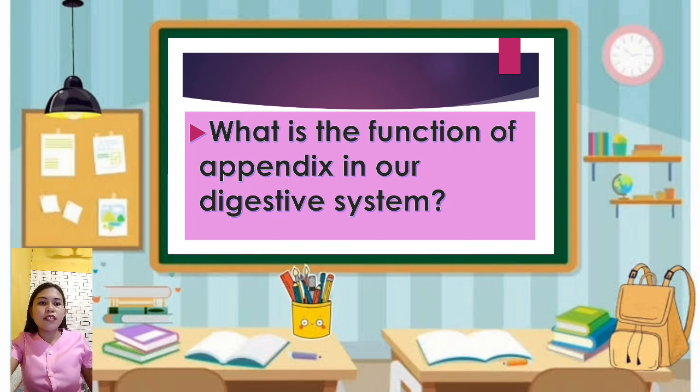But modern researchers say that it has a great function, particularly in our digestive system. It acts as a storehouse for good bacteria, rebooting the digestive system after diarrheal illnesses. As the saying goes, a healthy gut, a healthy you.